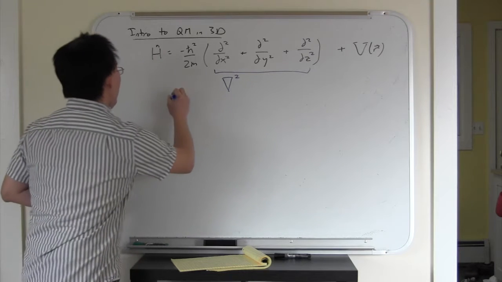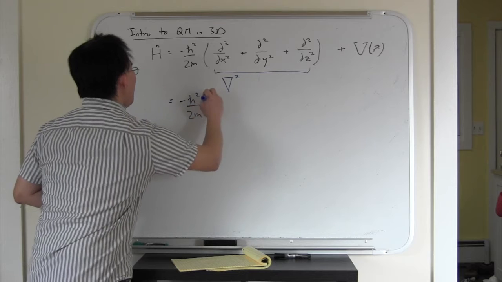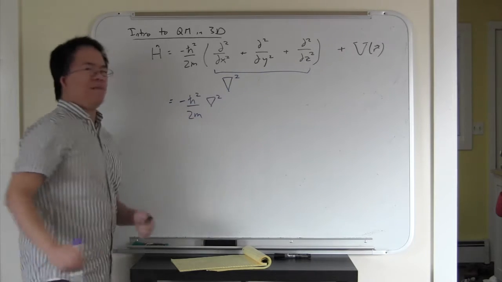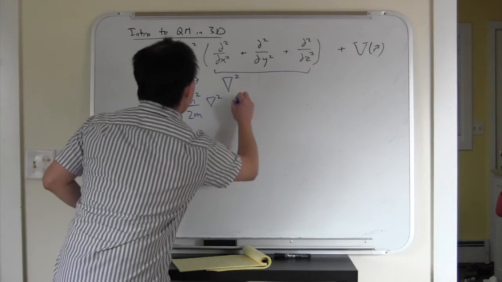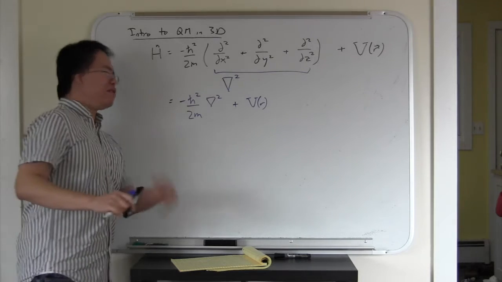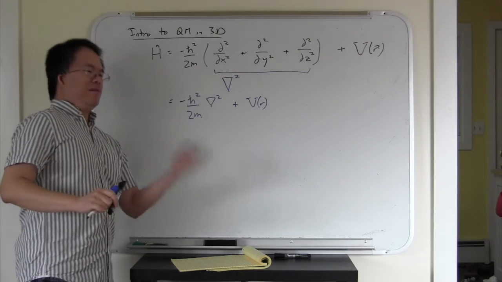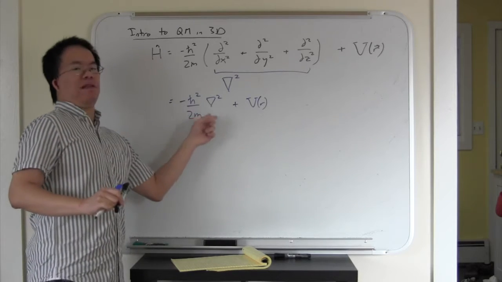And so I can actually rewrite this Hamiltonian as minus h bar squared over 2m times the Laplacian plus the potential energy. What we really see is that we've replaced the second derivative with respect to x with the Laplacian.